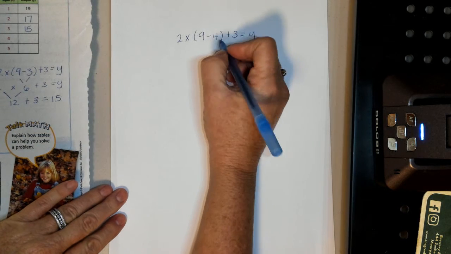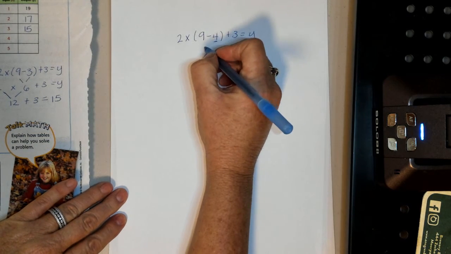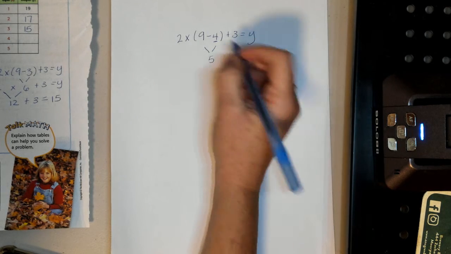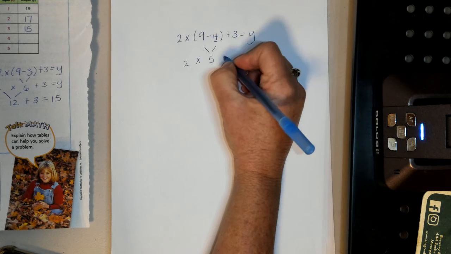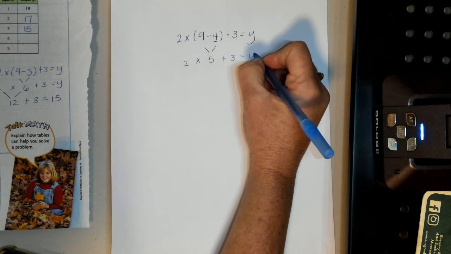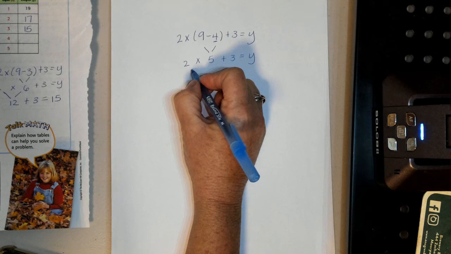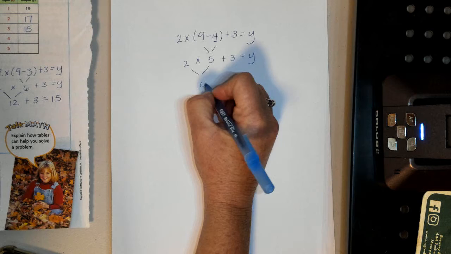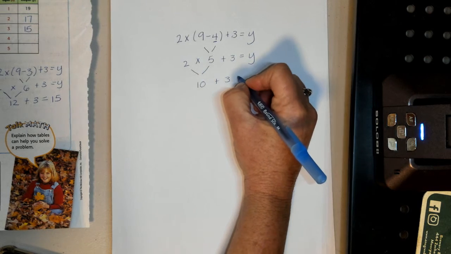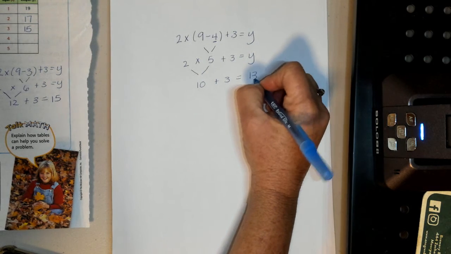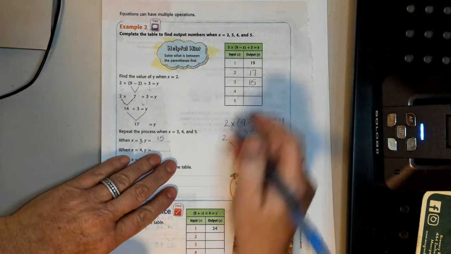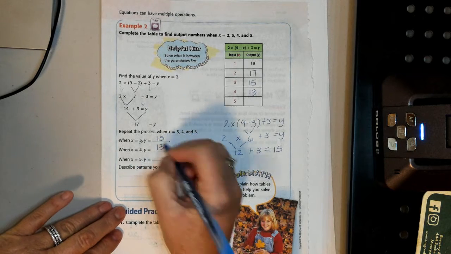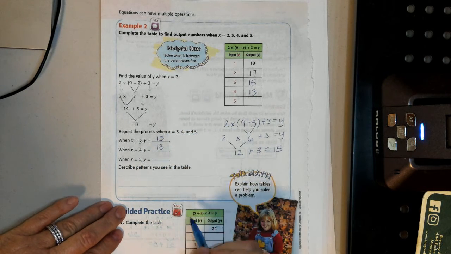The parentheses, that's the number we put in. 9 minus 4 is 5. We're going to bring all of this down. Then I'm going to do the multiplication next because that's part of the order of operations. 2 times 5 is 10, plus 3 equals 13. So I'm going to put a 13 here. So when x was 4, it's 13.